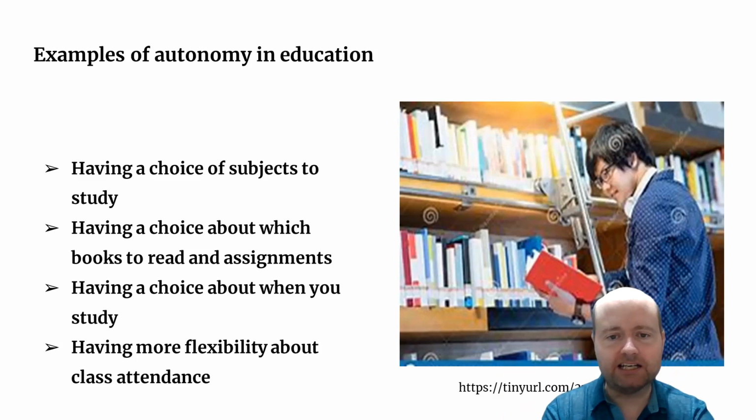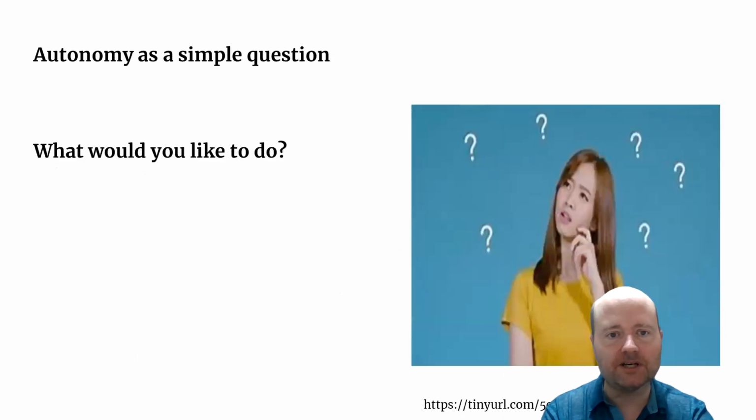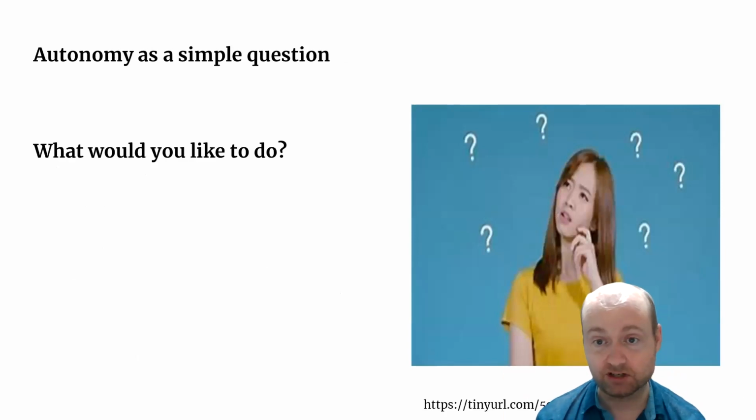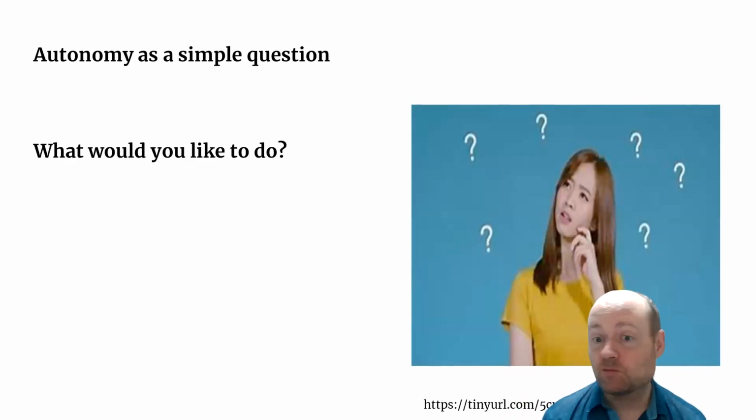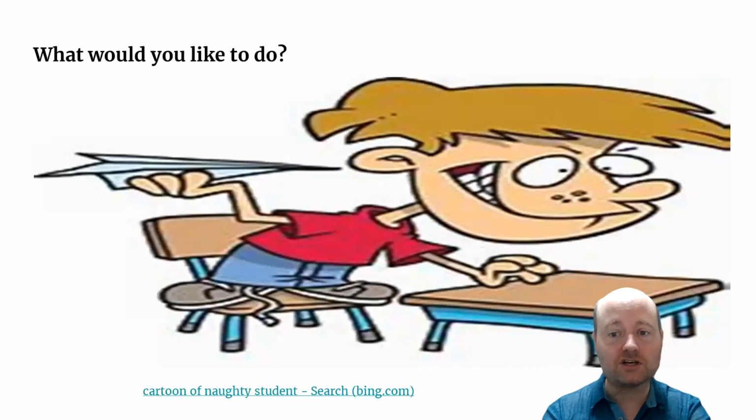Okay, so let's move on and let's have a look at a simple question to understand autonomy. What would you like to do? So what would you like to learn? What would you like to study? What are your goals? Now, I think in many ways this question is useful, but it's also too simple in understanding autonomy.